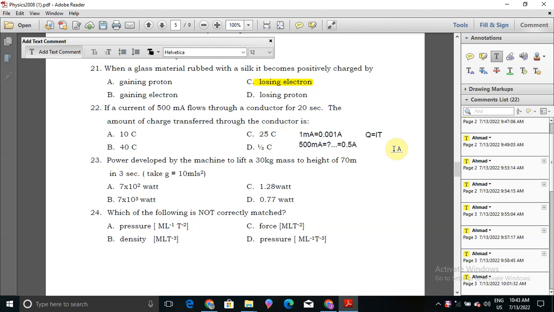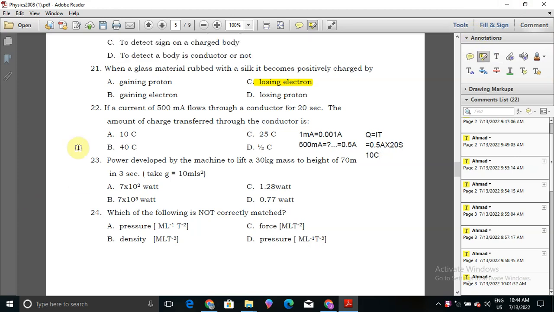So that means I is 0.5 ampere times 20 seconds, right? Then the last answer, 0.5 times 20 is equal to 10 coulomb. So the correct answer and the best choice for question number 22 is choice A.